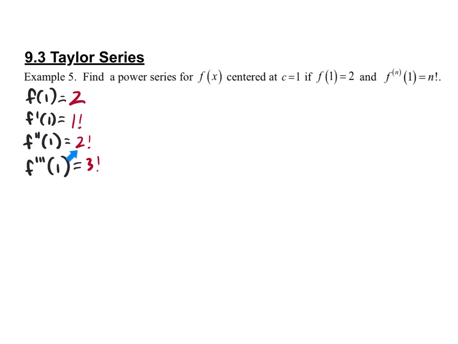The second derivative is 2 factorial. The third derivative is 3 factorial. Now, remember what the derivative is. It's almost just like the coefficient that goes with that particular term. And that coefficient is always over some factorial in a Taylor series.